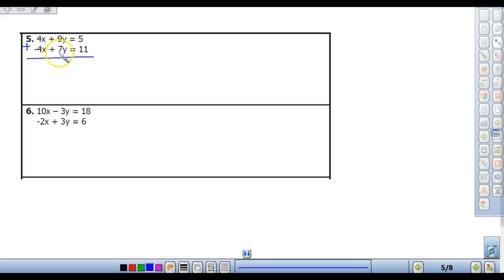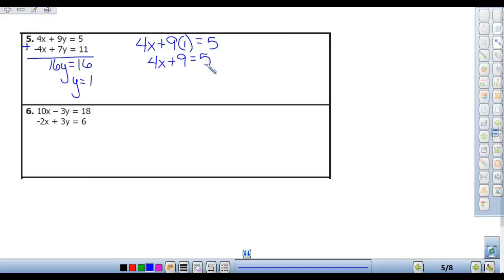So now I have 9y plus 7y gives me 16y equals 16. So y equals 1. Okay, and when I plug it back in now, 4x plus 9 times 1 equals 5. 4x plus what's 9 times 1? 9 equals 5.